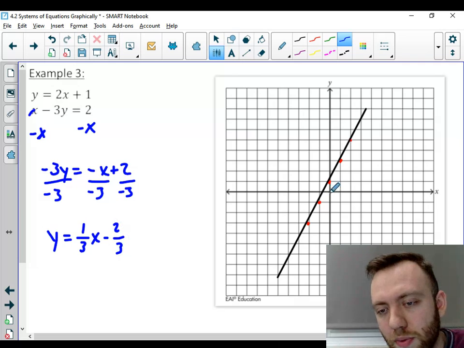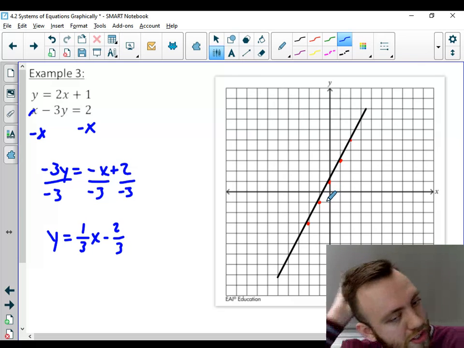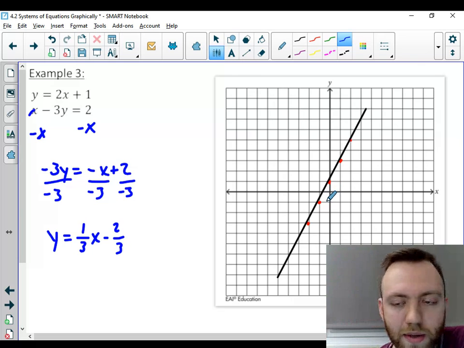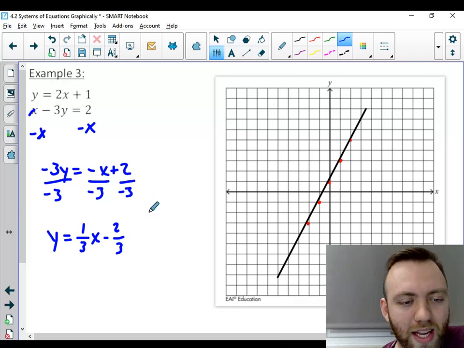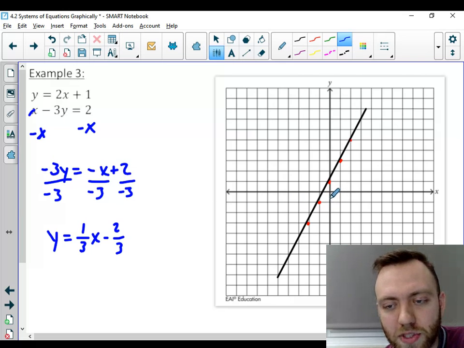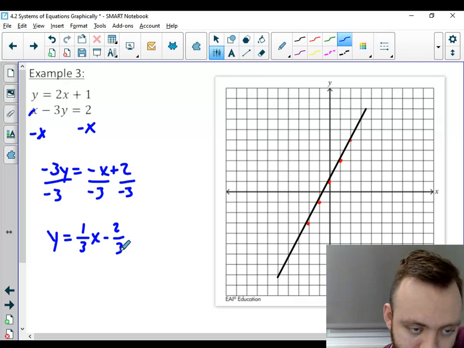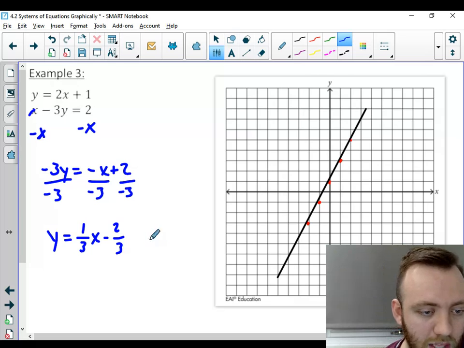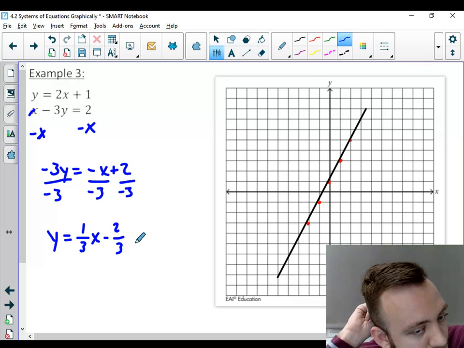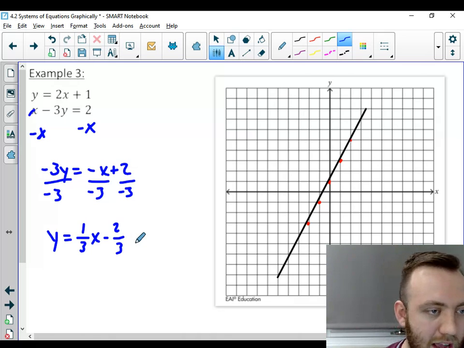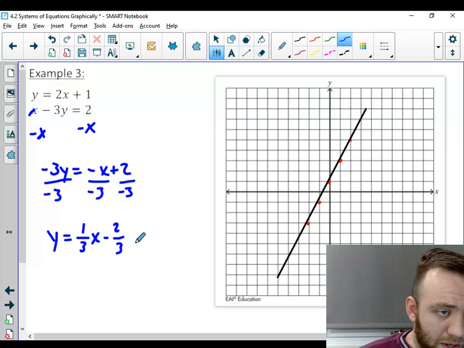Okay, here's one more problem, right? I don't know if I really want to guess negative 2/3 as my point. So what can I do? Instead of guessing where 2/3 is and graphing from there, I can just plug in some points. So let's do that and see if we can figure something out.